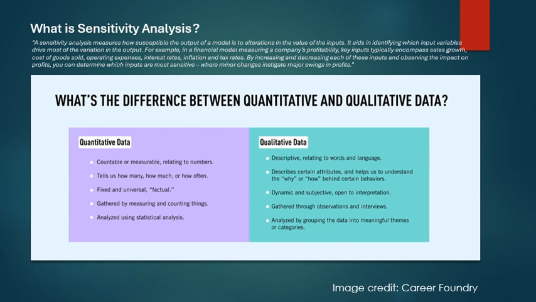Whereas qualitative data is descriptive, relating to words and language, describes certain attributes and helps us understand the why or how behind certain behaviors. Dynamic and subjective, open to interpretation, gathered through observations and interviews, analyzed by grouping the data into meaningful themes or categories.